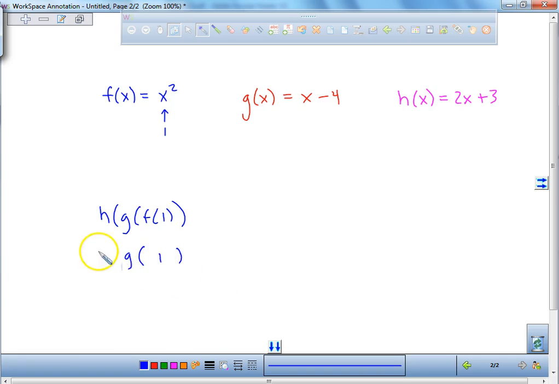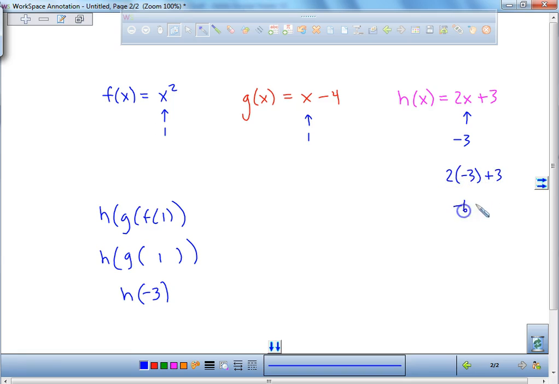So now, what do we have? Now we have, what is g of 1? So what am I going to plug in here? 1. What's 1 minus 4? Negative 3. And I go, what is h of negative 3? So what number am I going to plug in there? Negative 3. So what are we going to do? 2 times negative 3 plus 3.